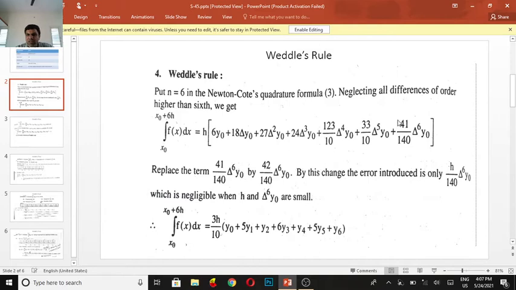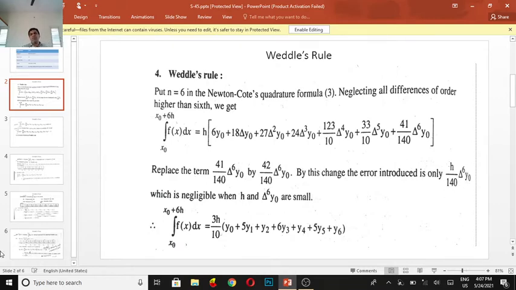Actually, this should be 42 by 140, so we replace 41 by 140 with 42 by 140 del raised to 6 y0, and the error introduced is only h by 140 del raised to 6 y0.